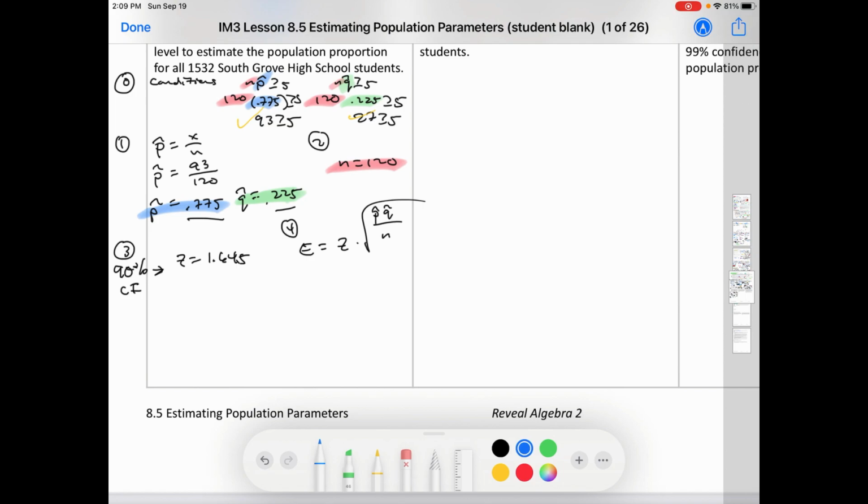All right, so E equals 1.645 times the square root of p-hat q-hat divided by n.